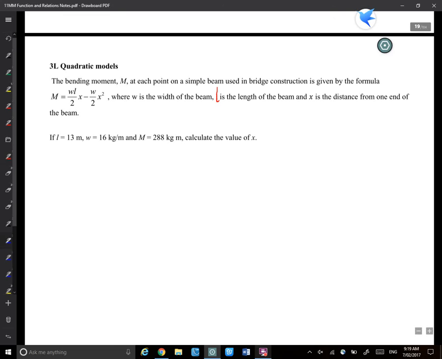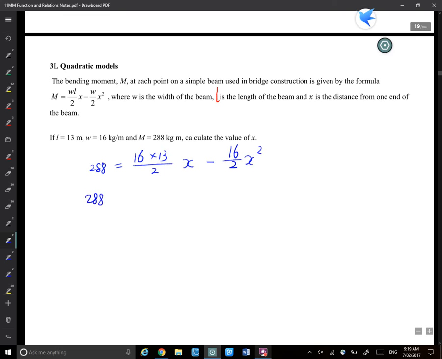So basically just substitute all those values in. So 288 equals 16 times 13 over 2 times x minus W, which is 16 over 2, times x squared. So 288 equals 8 times 13x minus 8x squared.